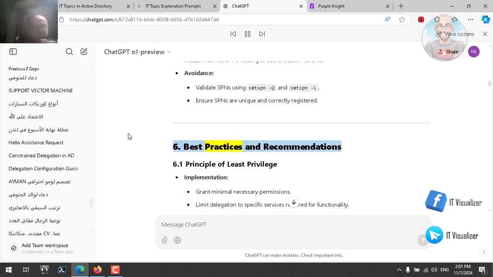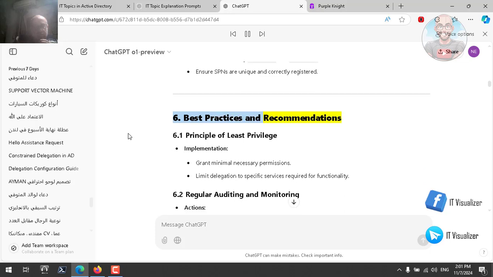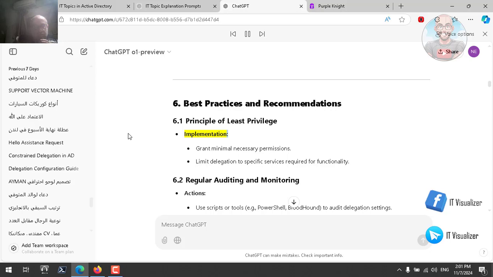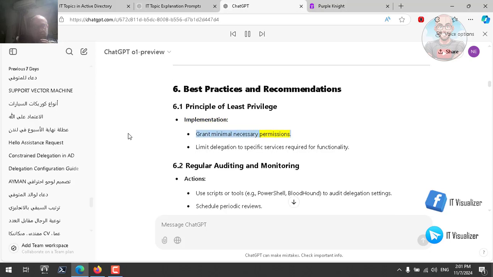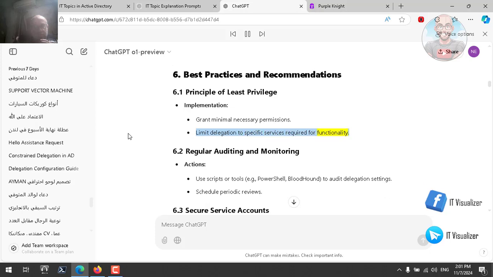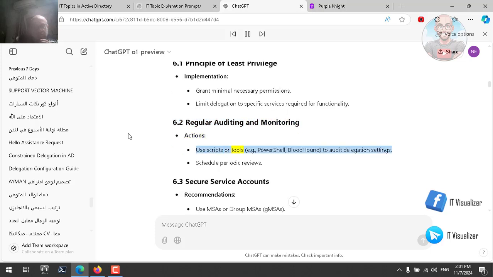6. Best practices and recommendations. 6.1 Principle of least privilege. Implementation: grant minimal necessary permissions. Limit delegation to specific services required for functionality. 6.2 Regular auditing and monitoring. Actions: use scripts or tools, e.g., PowerShell, BloodHound, to audit delegation settings.